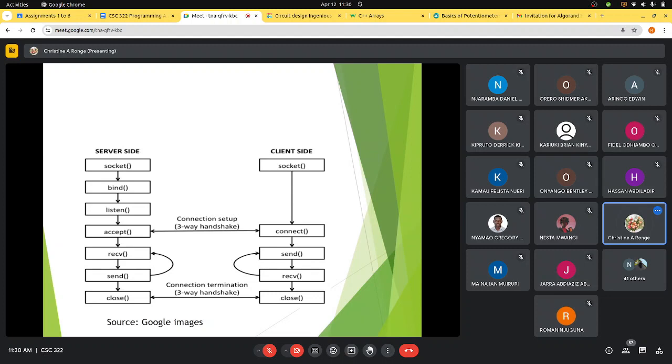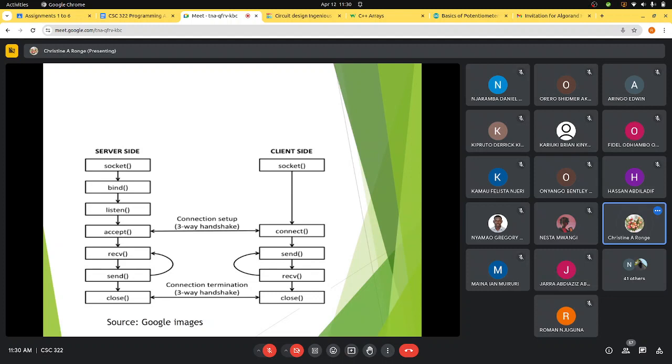If at all it didn't receive the reply, it retransmitted the request and never got there, it is waiting for a reply, it will be hanging. So that's usually called a half-closed connection. So it's possible in an unreliable network to have what we call a half-closed connection because of the problems of lost segments and so on. So it is really not foolproof, but at least you have made an effort.